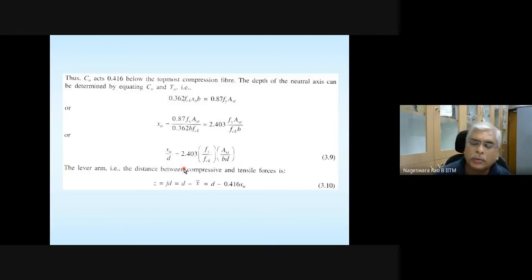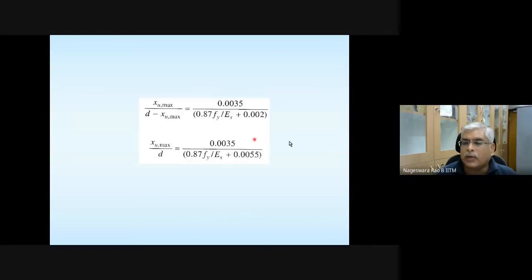Let's assume you are given a section, and you know the grade of concrete, the grade of steel, and the amount of tension reinforcement that is provided. Then you can easily find what this ratio is. And this ratio, if you compare with this one, which is for a balanced section and depends on the grade of steel, and if your Xu divided by d is less than this value, then it's going to be under-reinforced.